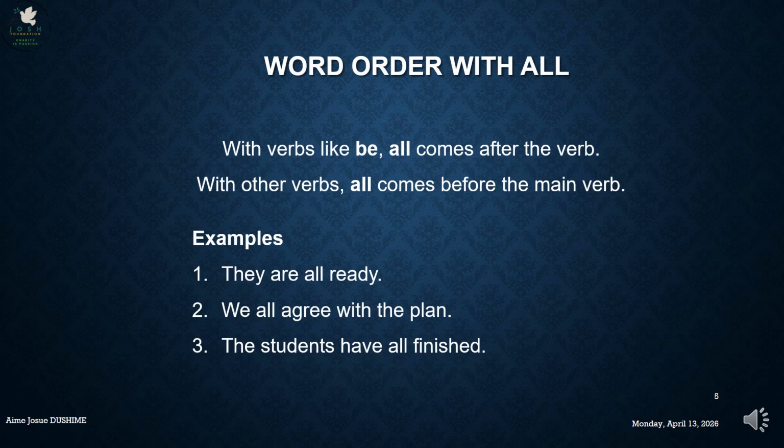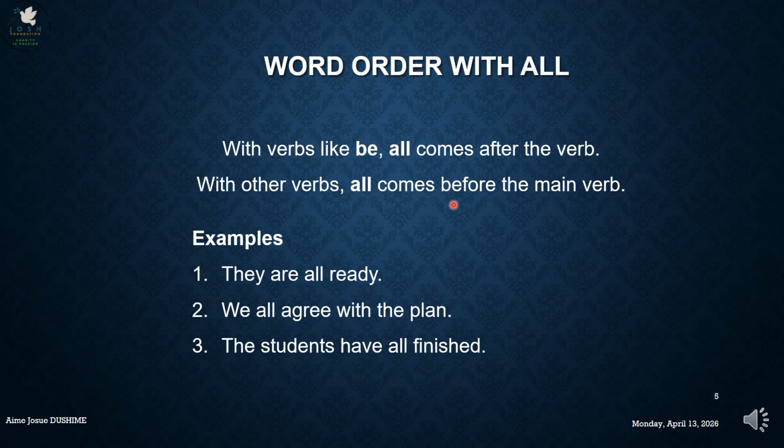Let's see the word order with all. With a verb like be, all comes after the verb, which means that you have verb to be plus all, and then you continue the structure. How about other verbs other than be? All comes before the main verb.